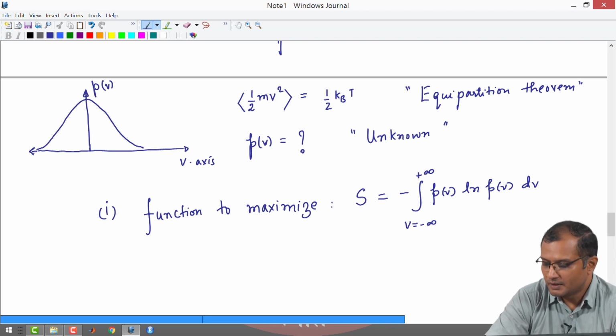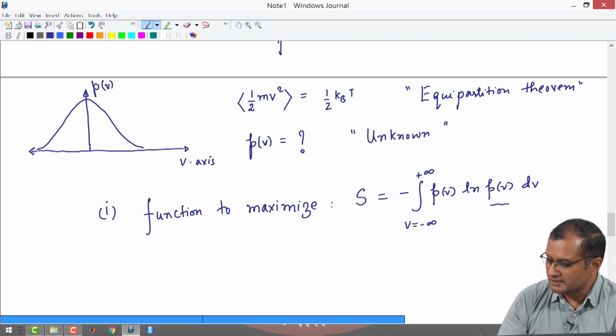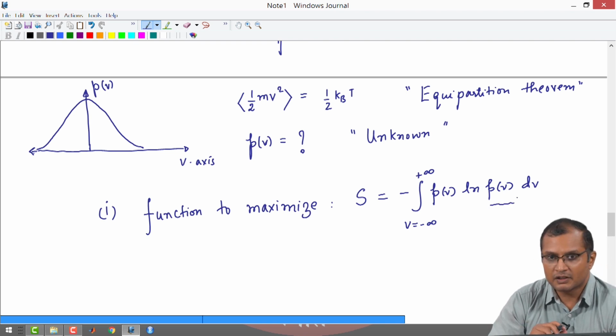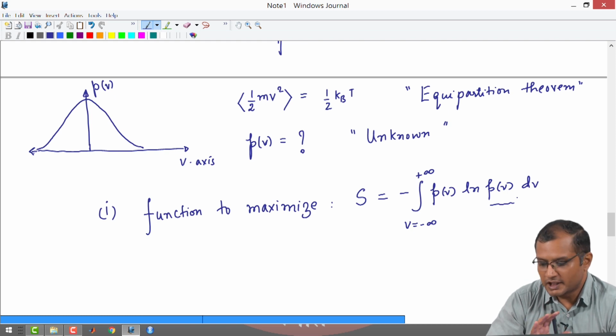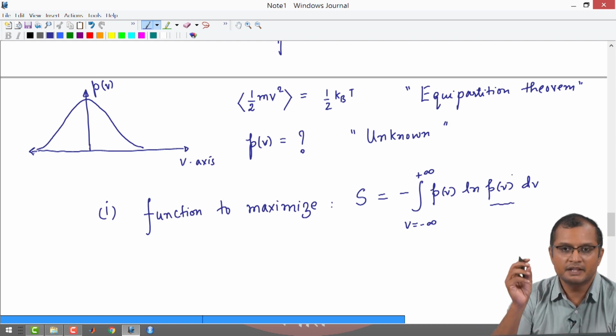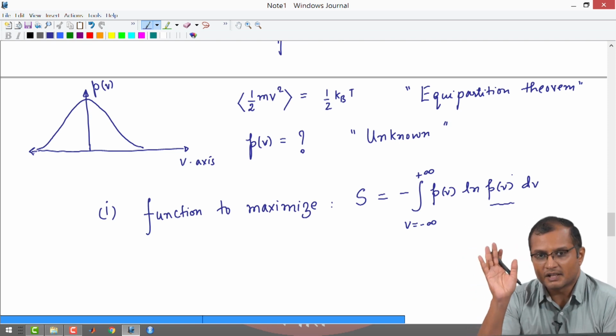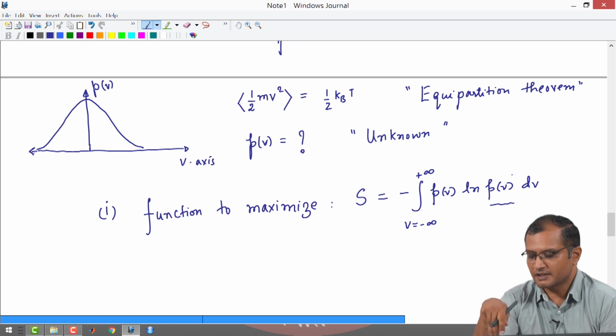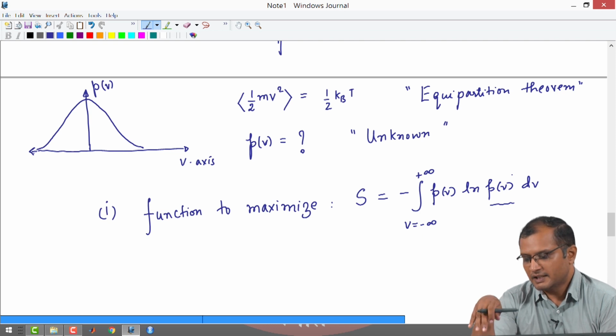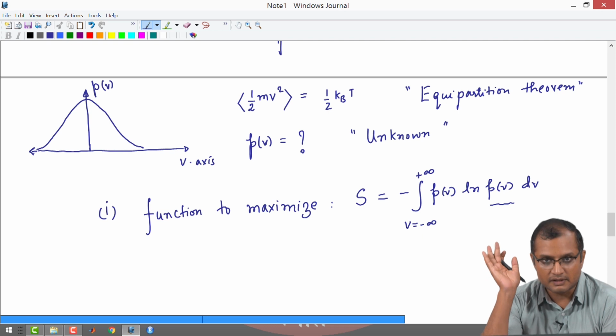Okay. Now, if you are bothered by the fact that this p of v is dimensional and I have taken a logarithm of it, it is not dimensional because I have divided by a scale of the PDF, which takes care of non-dimensionalization. So, these PDFs are all non-dimensional and consequently this velocity scale is also non-dimensional.